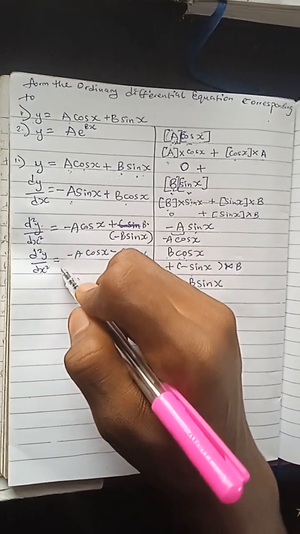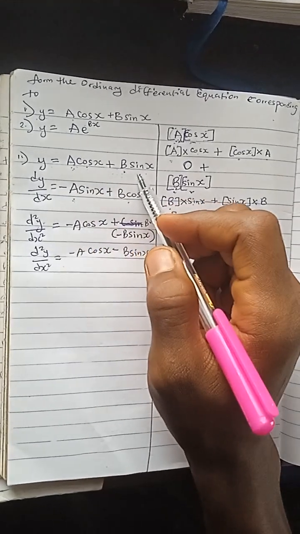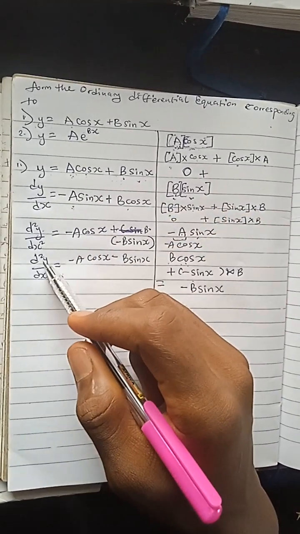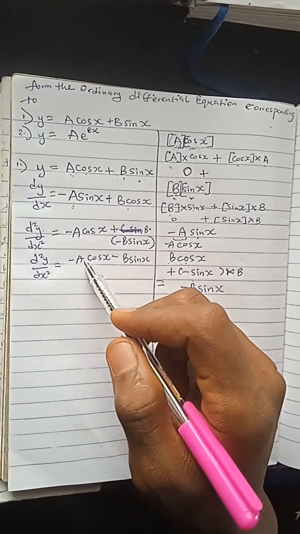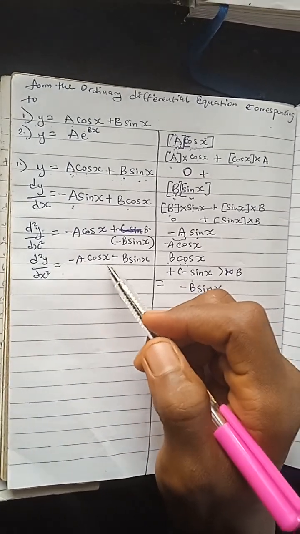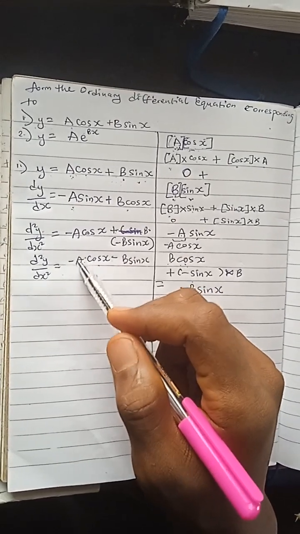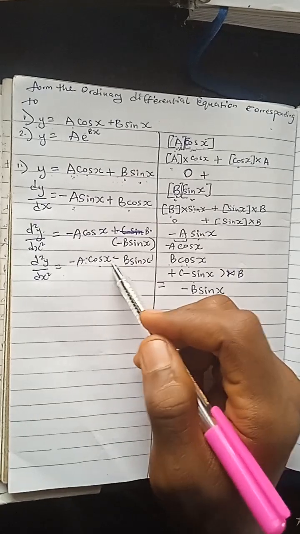And if you look closely, in equation 1, we have y equals a cos x plus b sine x. And here we have d squared y over dx squared equals minus a cos x minus b sine x. We are looking for a way to equate these to make y equal to this. To do that, we have to factor out minus.